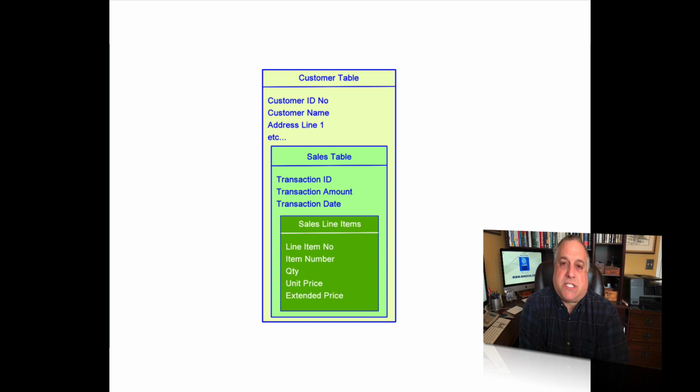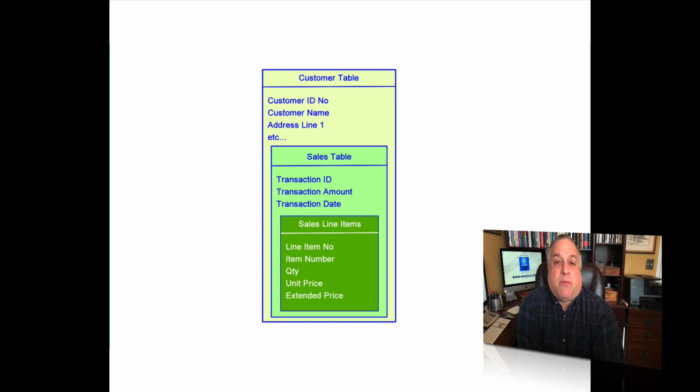When we refer to a stack or a data family, we are referring to all of the data in all of the tables that are related to a core function or a module. In this case, on screen, we see the sales function. And what we see is three different tables related to each other.